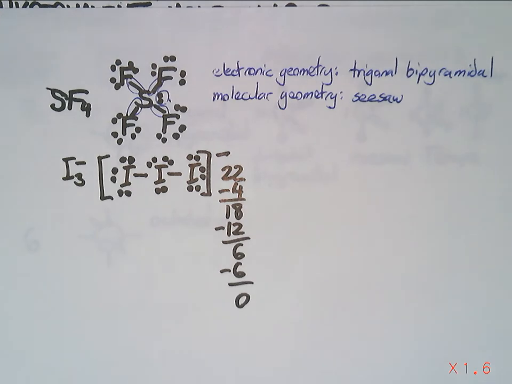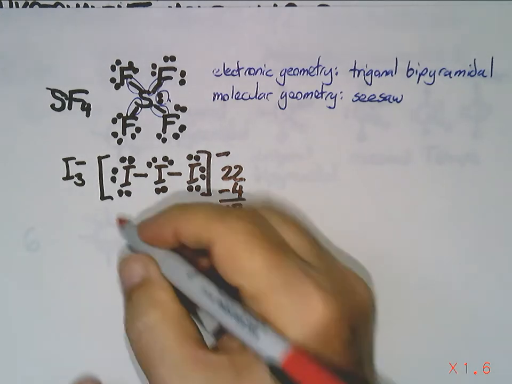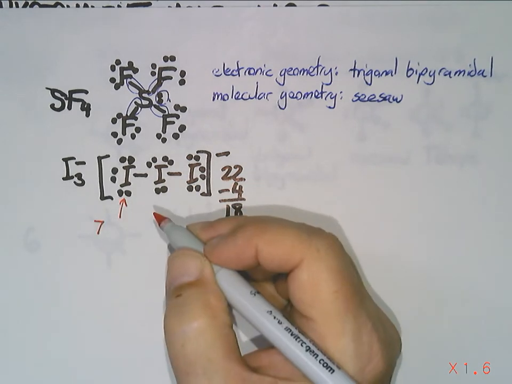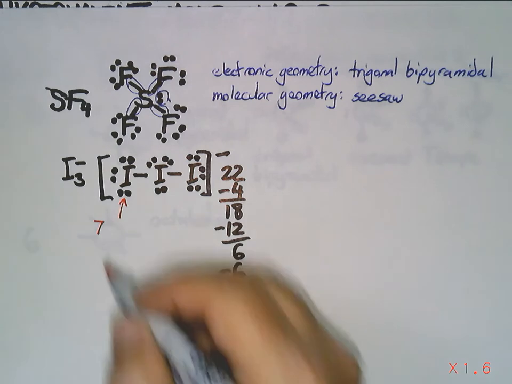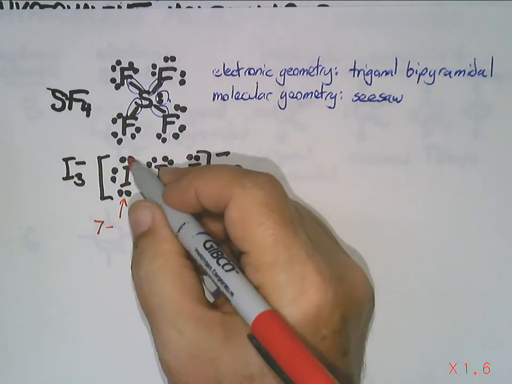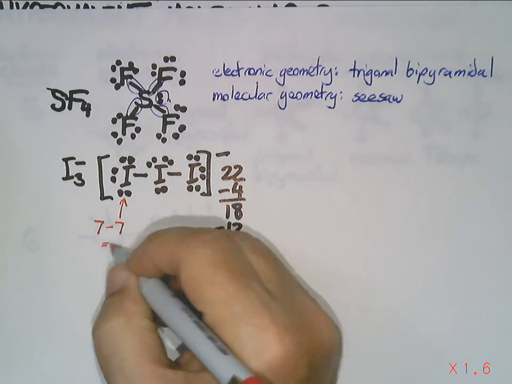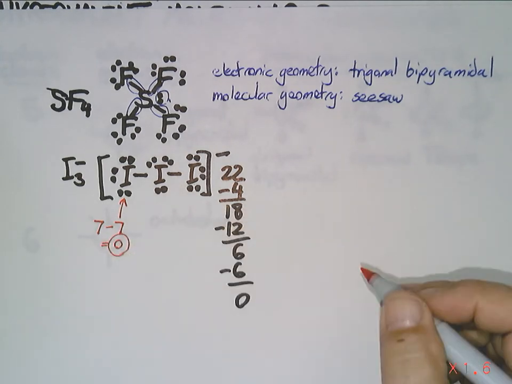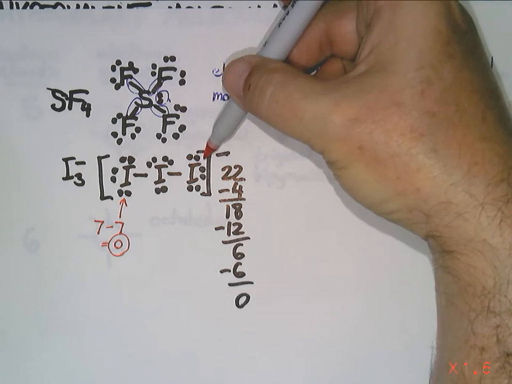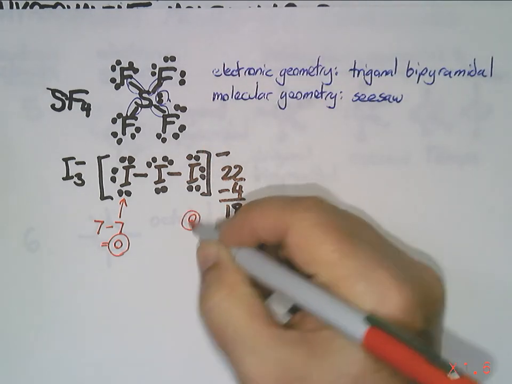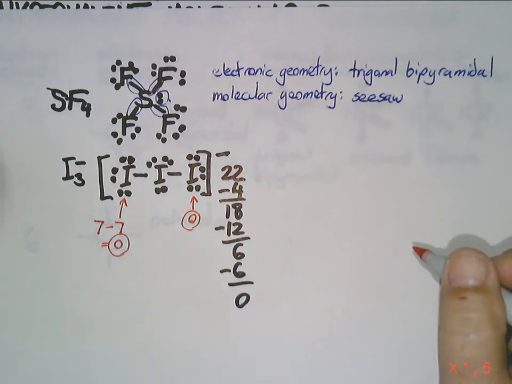Let's double check the formal charges on this thing. Iodine has 7 valence electrons from the periodic table, and it's got 1, 2, 3, 4, 5, 6, 7 sticks and dots around it. So the formal charge on that iodine is 0. By symmetry, I can see that this iodine is the same setup, so I can very quickly write in that its formal charge is 0 as well.